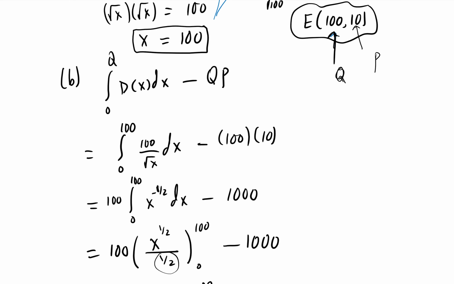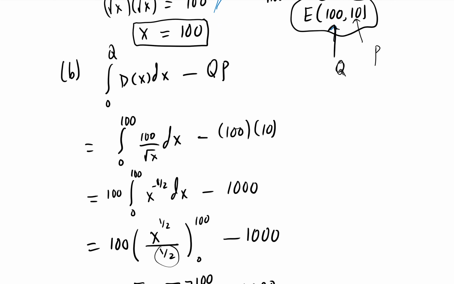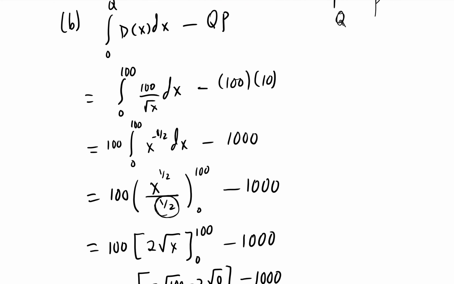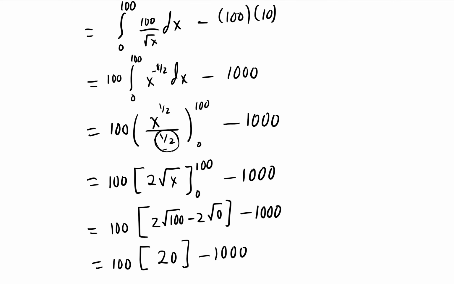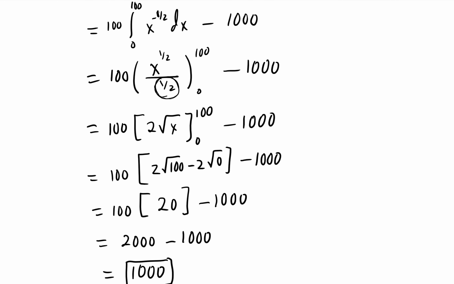The antiderivative of x to the negative 1/2 is x to the 1/2 over 1/2. This 1/2 in the denominator becomes 2. Two square root of 100 minus 2 square root of 0 minus 1,000. So that gives me 1,000 for the consumer surplus.